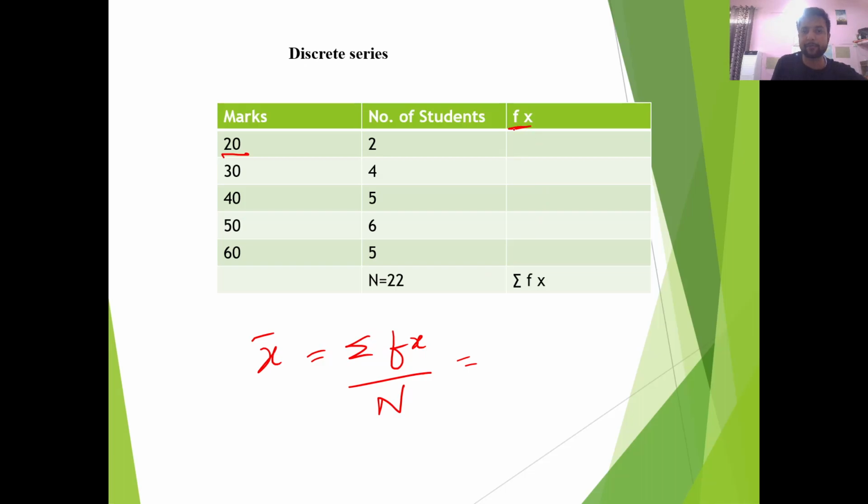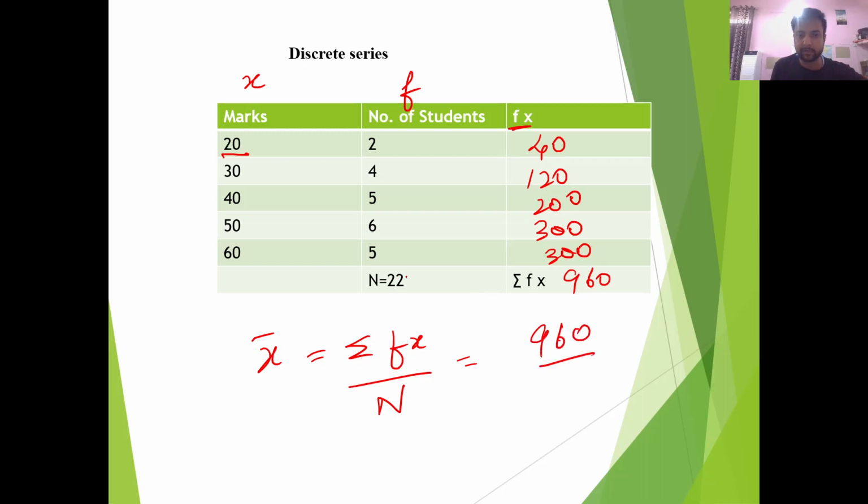Here f is the frequency, meaning the number of students, and x is our data, meaning the marks. So fx comes out to 40, 120, 200, then 300. When we add these up, it comes out to be 960. The arithmetic mean will be 960 divided by the number of observations, that means 22. That's how we find it.